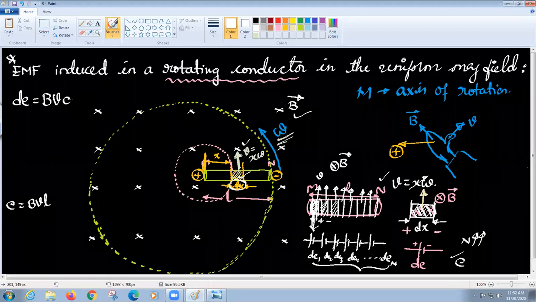The L is dx, very good. So the L is dx, and therefore I have to take the entire length of the conductor to go for the total induced EMF. This is the elemental induced EMF.